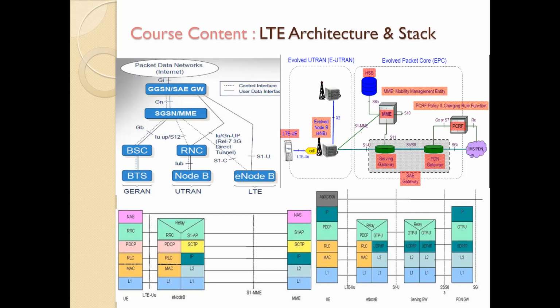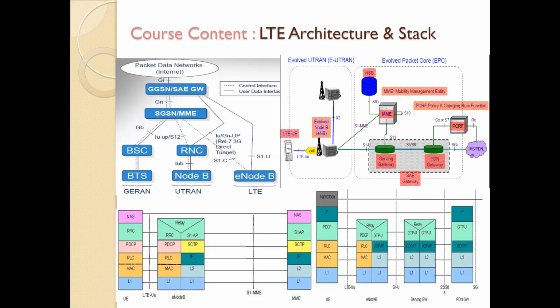Monitoring the network to improve network performance. Yes, any log analysis? The optimizer also does log analysis for layer 2, layer 3, if some failure happens, like handover failure or call drop.